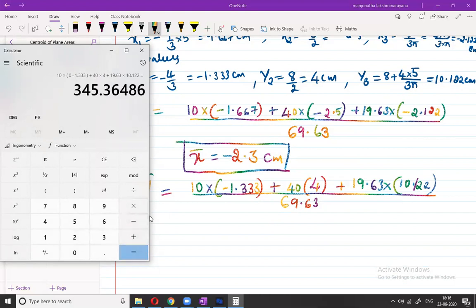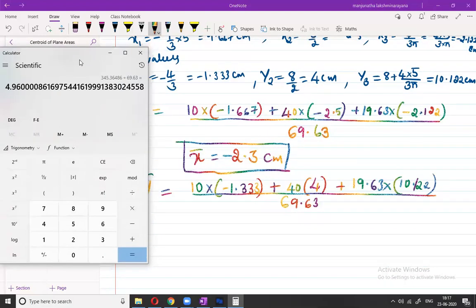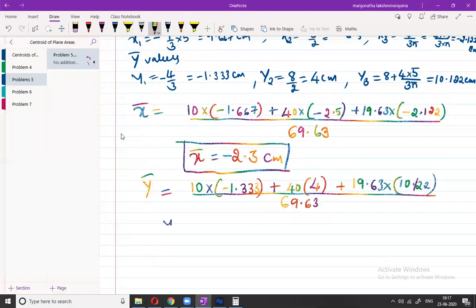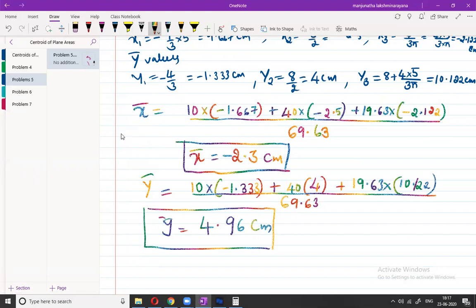That divided by 69.63, right? 4.96, almost 5 centimeters. So y bar is equal to, it's a plus, 4.96 centimeters. So this is how we need to calculate x bar and y bar.